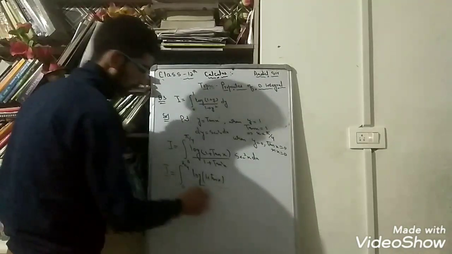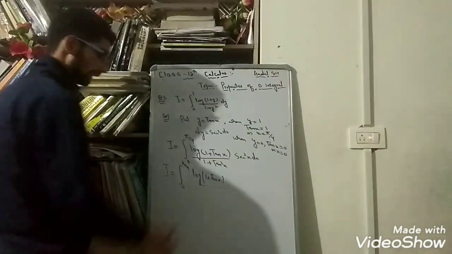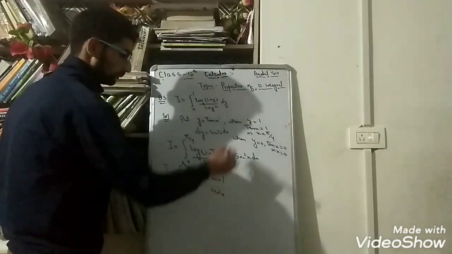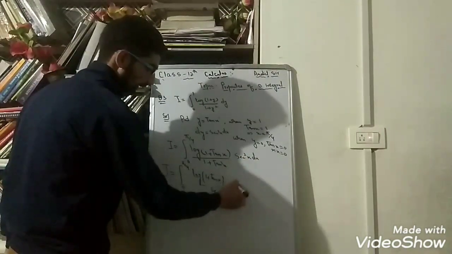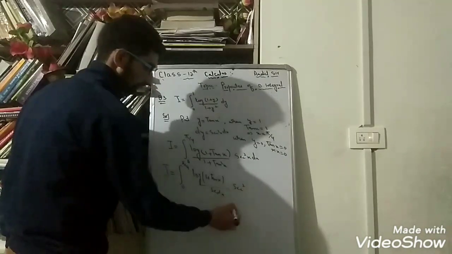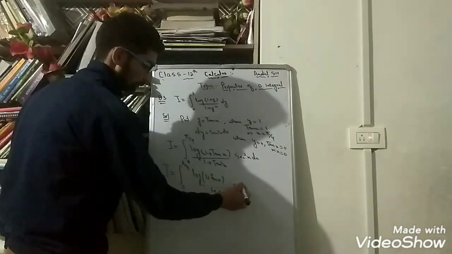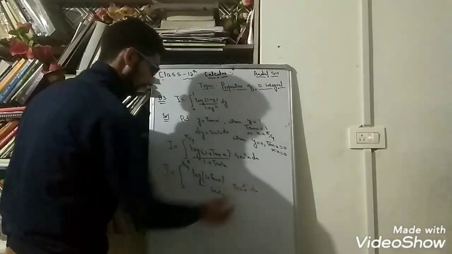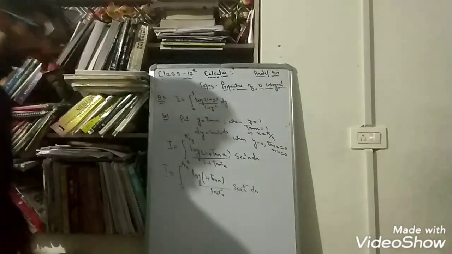This denominator is now equal to 1 plus tan square x, that is sec square x, multiplied by sec square x. This sec square x and this sec square x will get cancelled out.